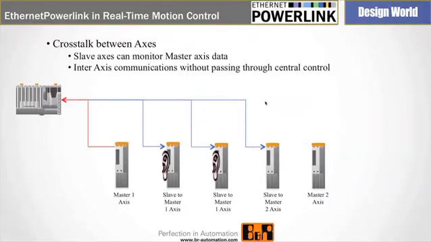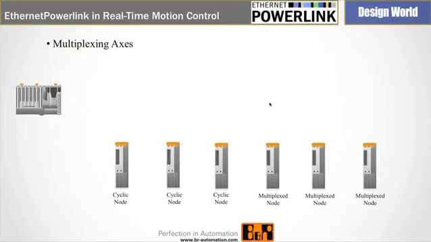So obviously this process repeats, and the data that's being transmitted back from each of the masters would be transmitted at a higher rate than the data that's being transmitted back from the slaves. And so the slaves are then able to listen to that, and obviously do their control at a much higher rate than their actual communication on the network.